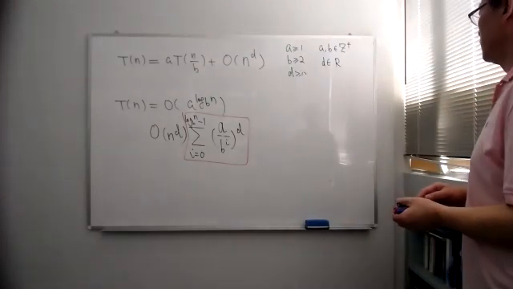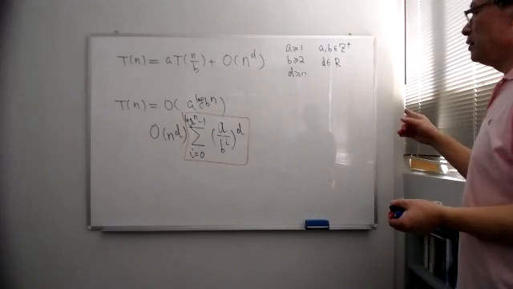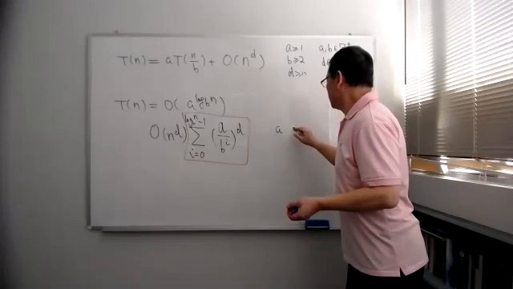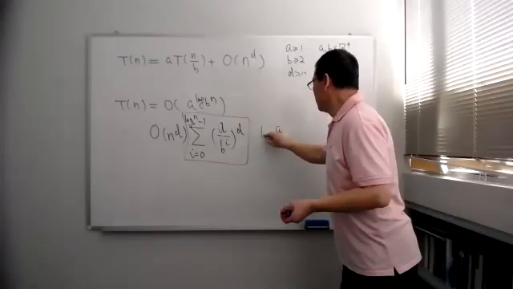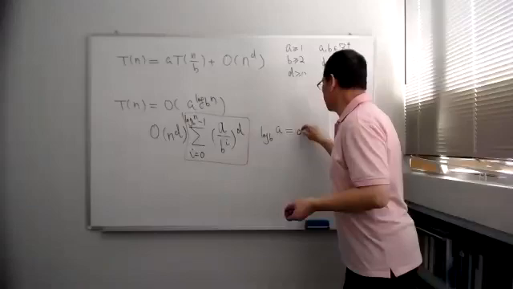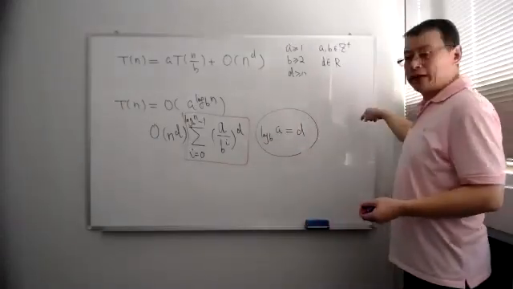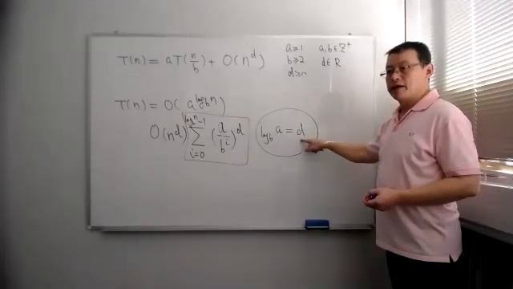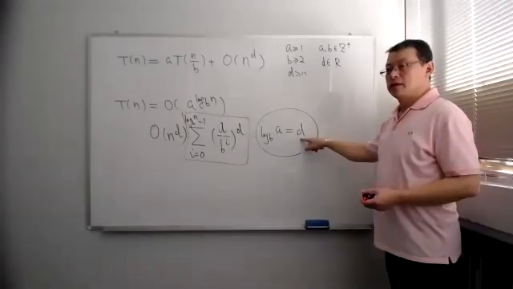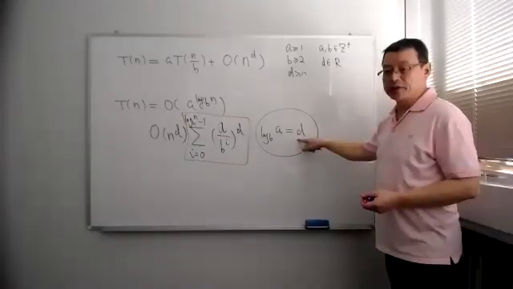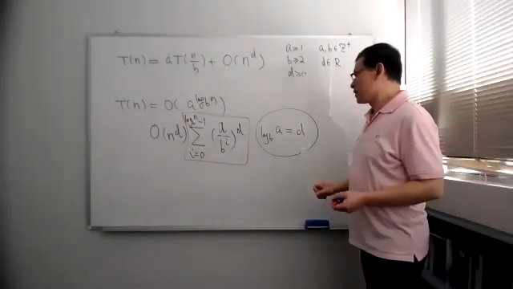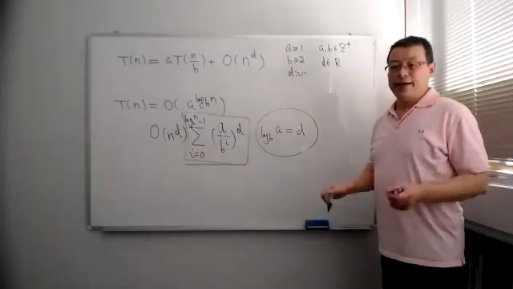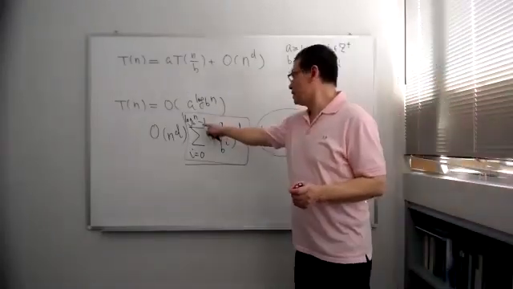Did I say log n? b^d, sorry, I mean b^d. When a equals b^d, that's what I mean. I did not write n, I think, right? When this one equals, then this one, there are log n terms.